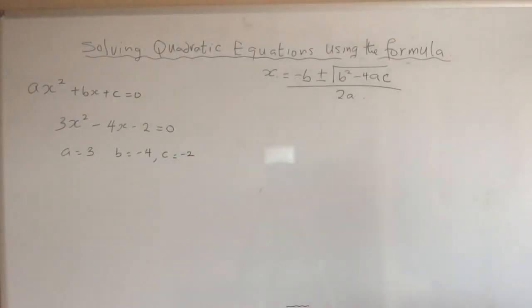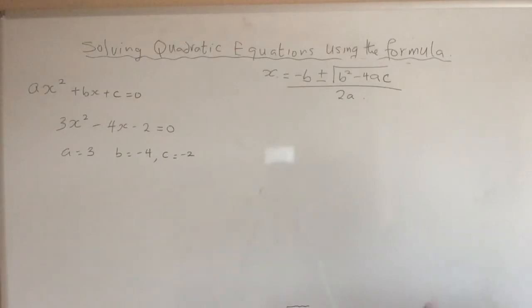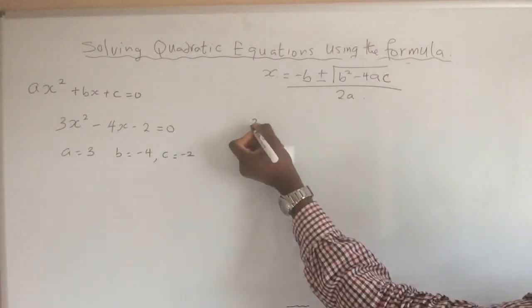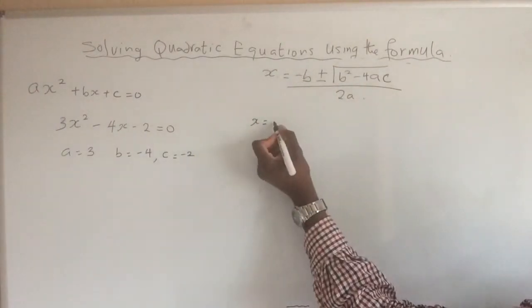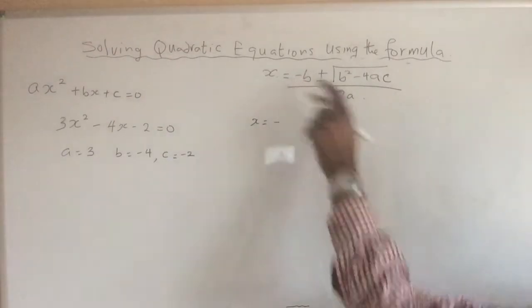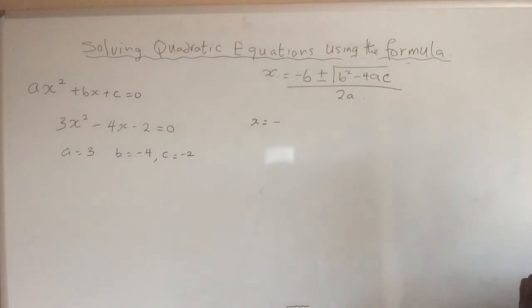Once I've written this out, my job is half done. I'm just going to replace all of this with that formula. But when I am replacing it, I've got to be very careful. So with this, I have x equal to negative. I'm going to write the negative first because it's part of the formula. And b says minus 4.